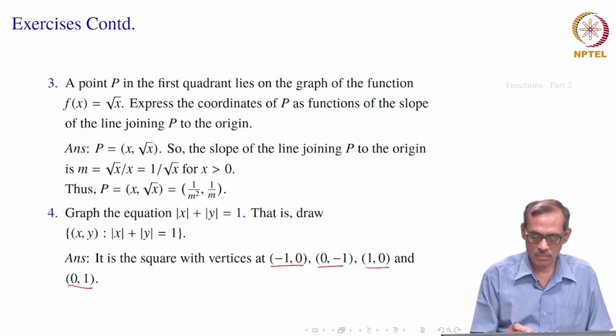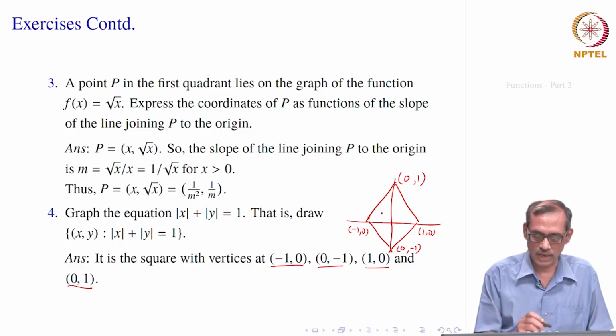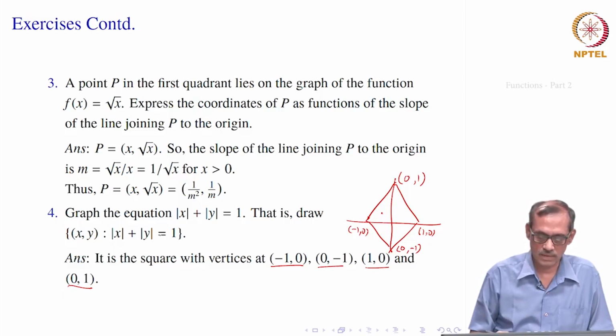If you take the square with these vertices, it looks something like this. Okay, this is your (1, 0), this is (minus 1, 0), this is (0, minus 1), and this is (0, 1). If you take any point inside here, then that satisfies mod x plus mod y less than 1.